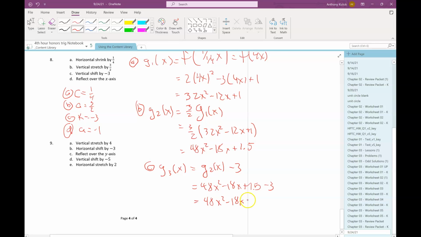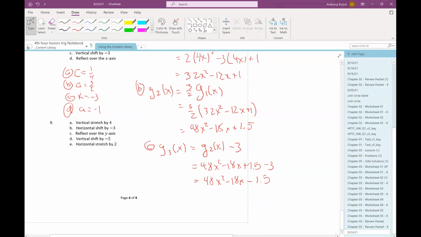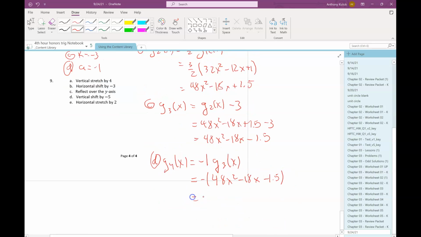So 1.5 minus 3 is just negative 1.5. And then the last one is just the -1 times the previous. So we flip the signs.